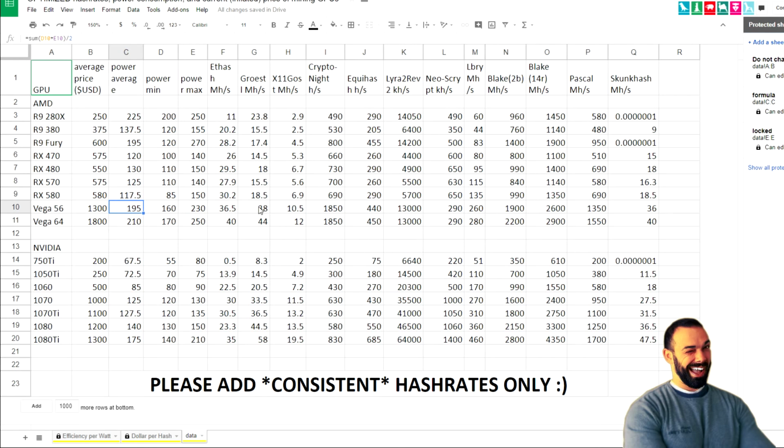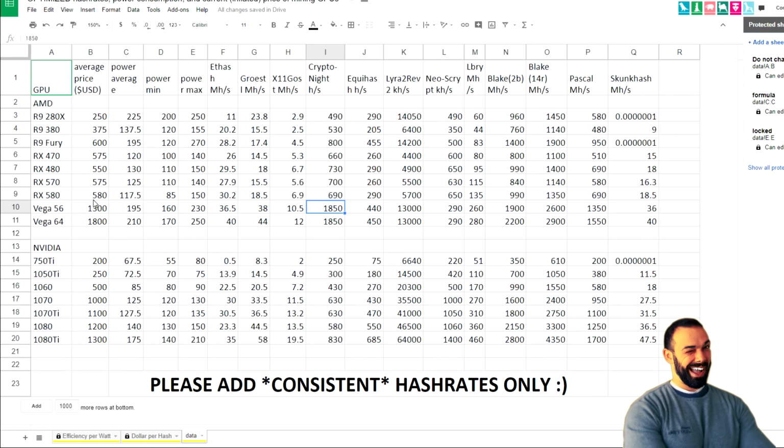Not only that, the way that these cards are designed, their architecture, makes it so that AMD cards in general don't consume very high amounts of power and electricity when mining Crypto Night. It's not a very taxing algorithm. It's true for many of the cards.